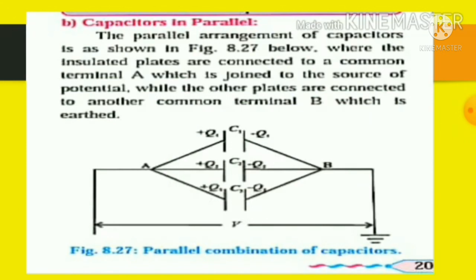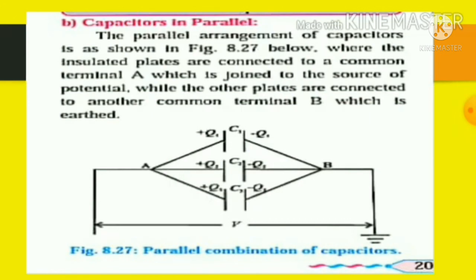Whenever Q1 charge is given to the C1 capacitor, Q2 charge is given to the C2 capacitor, and Q3 charge is given to the branch of the C3 capacitor.